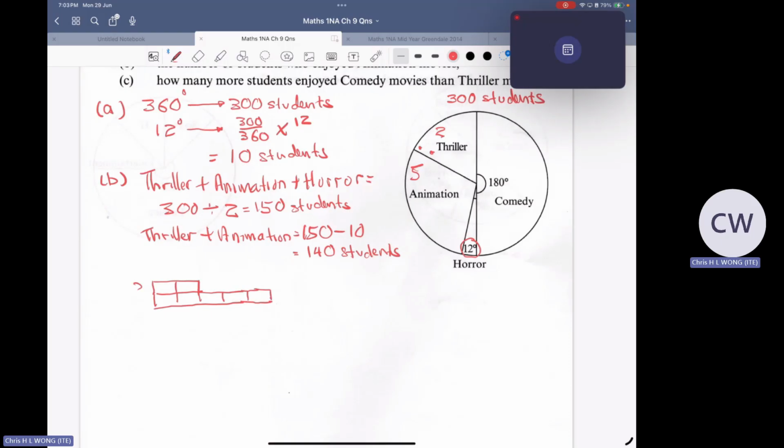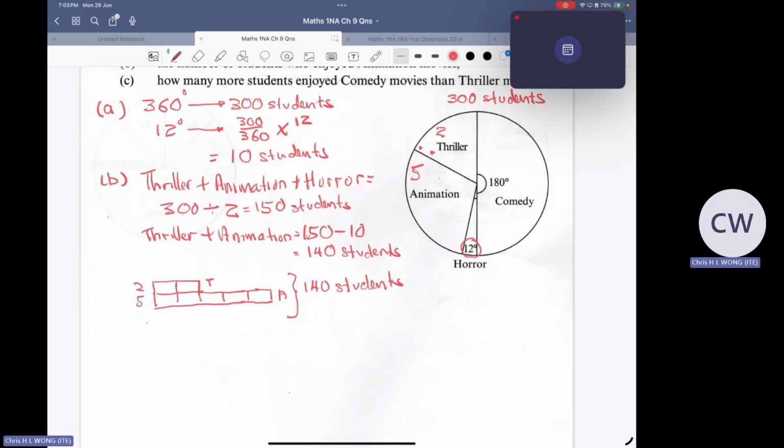So this is 2 to 5. So 2 parts is thriller, 5 parts is animation. Now the total for this is 140 students. Seven parts is 140 students.